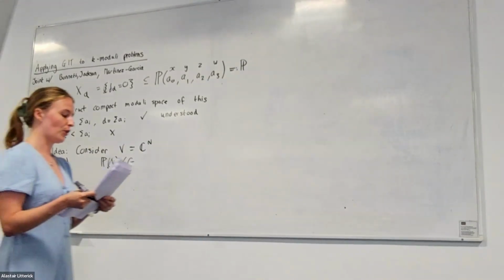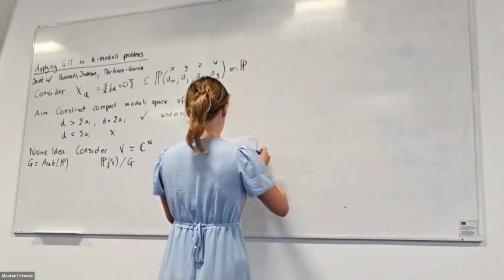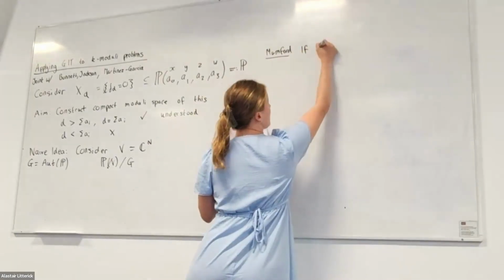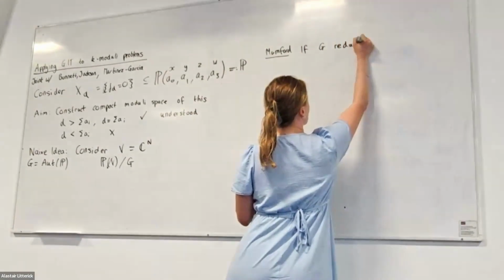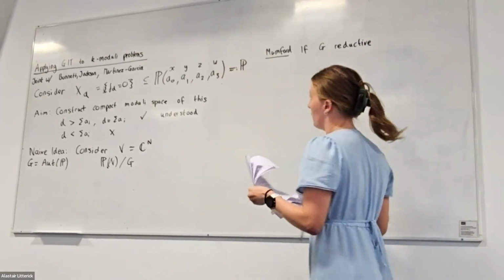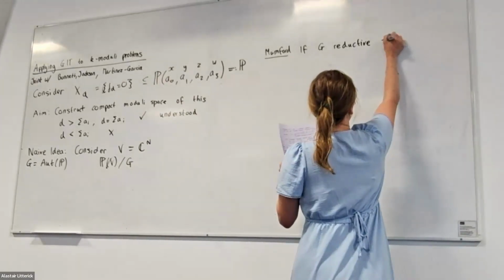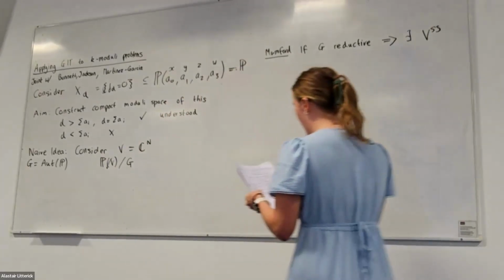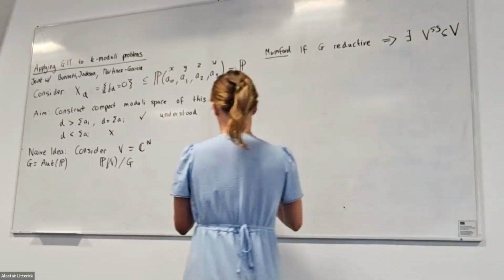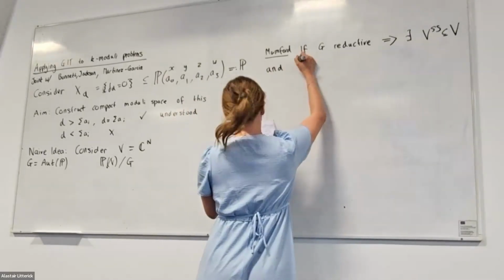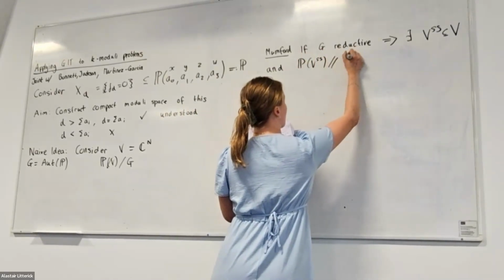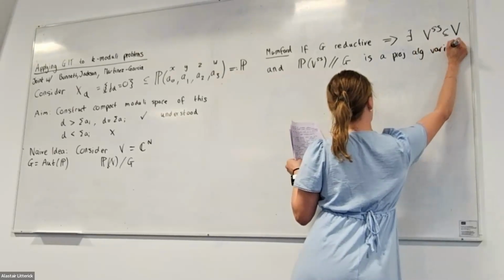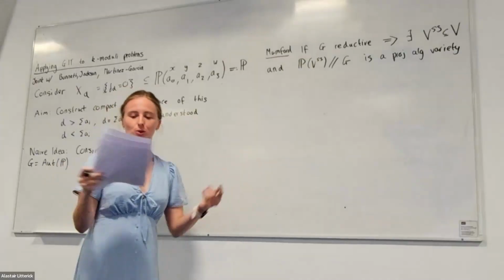So instead, we turn to Mumford, who showed that if G is reductive, then we can use geometric invariant theory to show that there exists a semi-stable subset of V and the GIT quotient is a projective algebraic variety, called the GIT quotient.